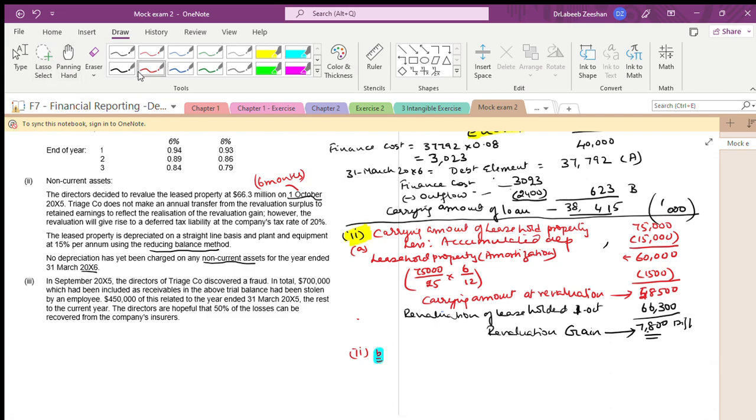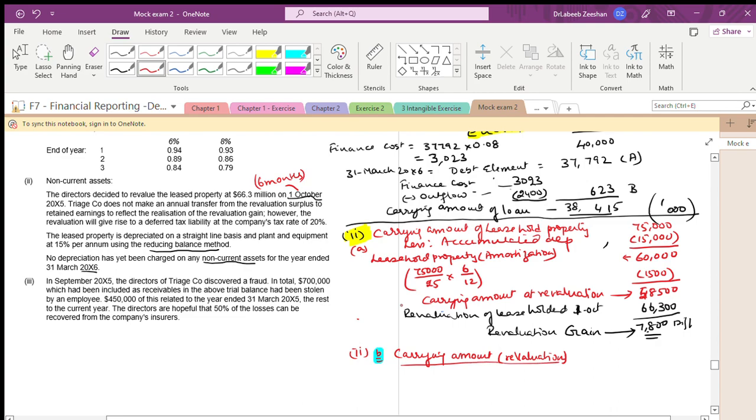Now carrying amount after revaluation. What is the revaluation amount? 66,300, minus amortization.